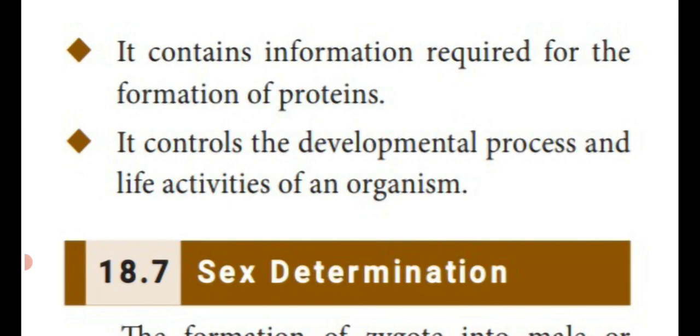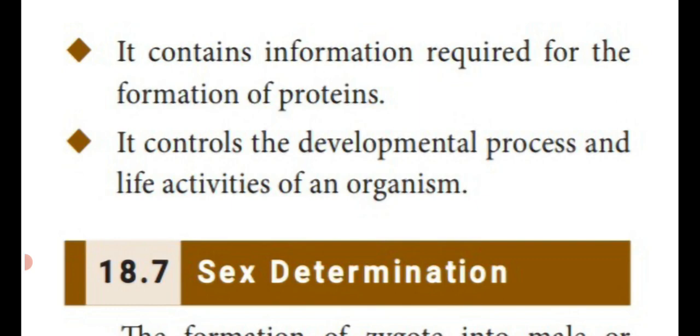So protein formation takes place with the help of DNA, which gives the information. Then it controls the developmental process and life activities of an organism. All the life activities and developmental processes taking place in an organism are controlled by DNA. So these three are the significance of DNA.